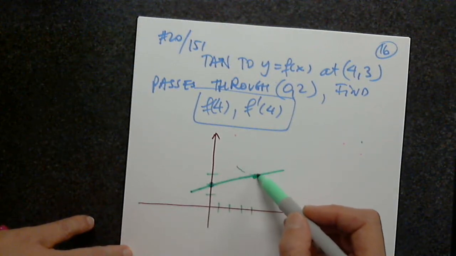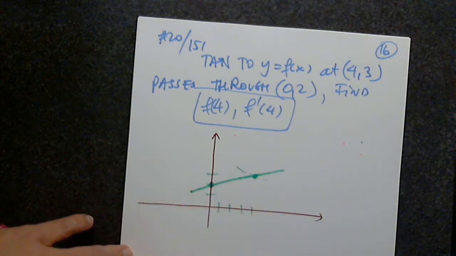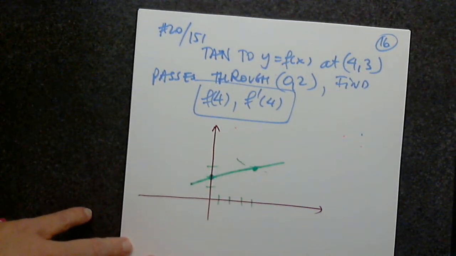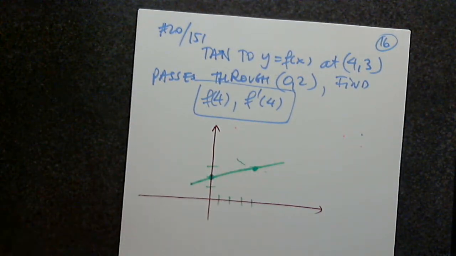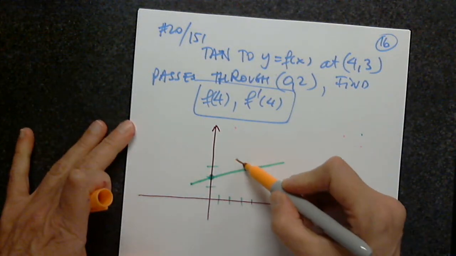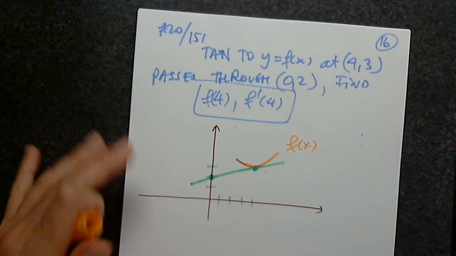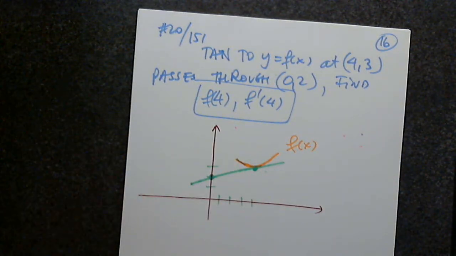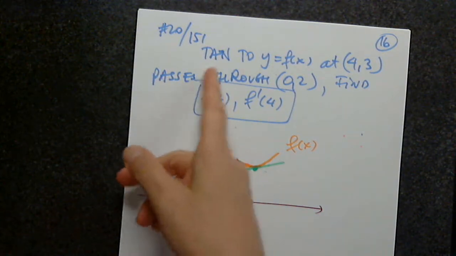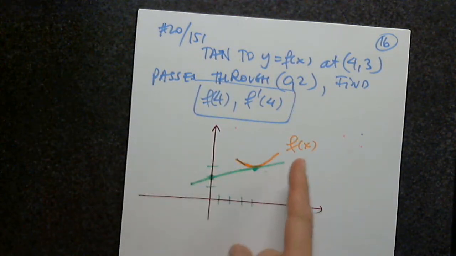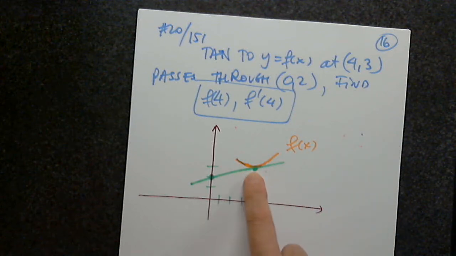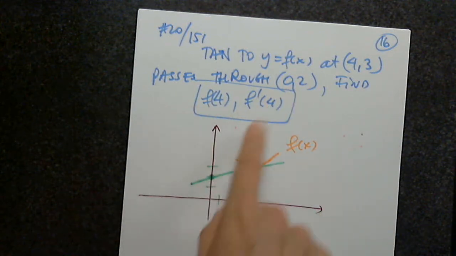So the function can be here, the function can be here, I don't really care. Let's say it's this function. Maybe it's easier to see. So the tangent to the graph of f of x at (4, 3) passes through this point.